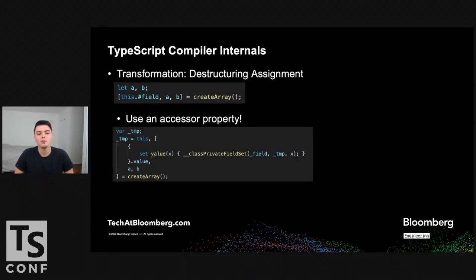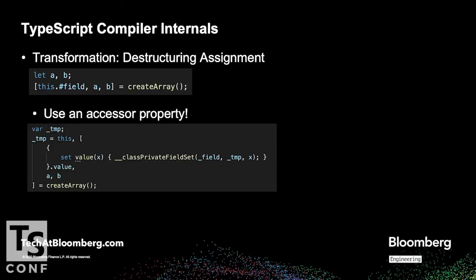We create an object that has a setter, and then we immediately access that setter. And that's what we replace the this.hash field with. Inside the setter, we can call our class private field set function, which changes the value of the field. This is a really crazy trick. It's so bizarre, and most people really would not write code like this.